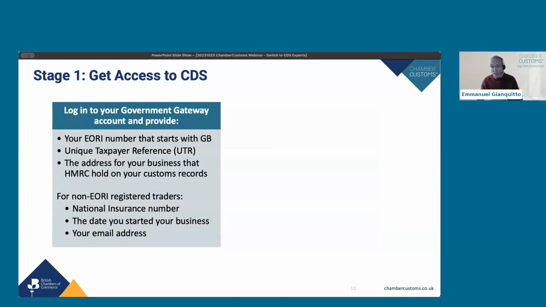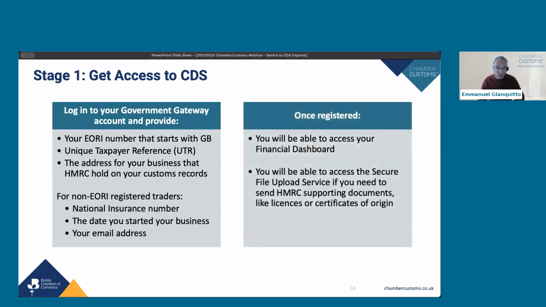Clearly, you need to be a trader. If you haven't done any registration for the government gateway for your company before today, I'm sure that we can help you, but I'd be surprised. In any case, you need an EORI, you need your UTR, you need your business details, and that would give you access to the government gateway.